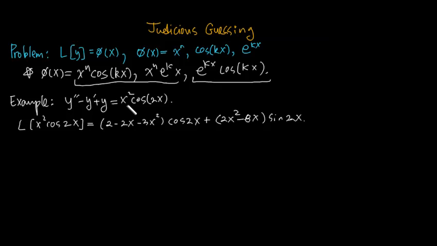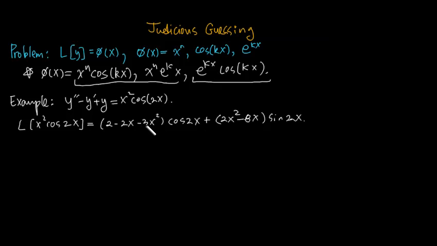Because of this x squared part, it got fairly complicated. But the goal is that we definitely want to try x squared sine 2x so that we have a similar form, which is understandable because the coefficients are constant. From there, we hope to eliminate this sine 2x when we want x squared cosine 2x back.